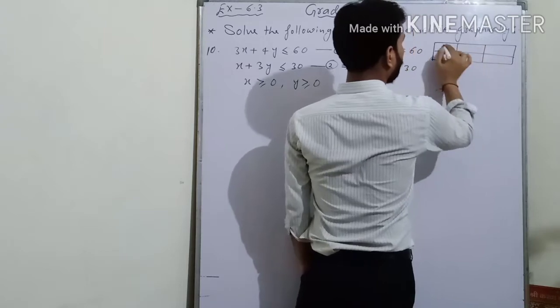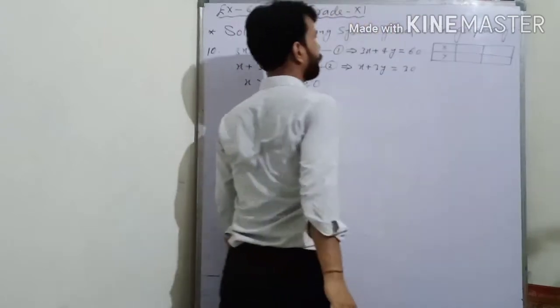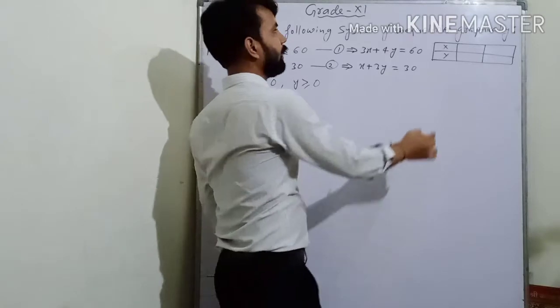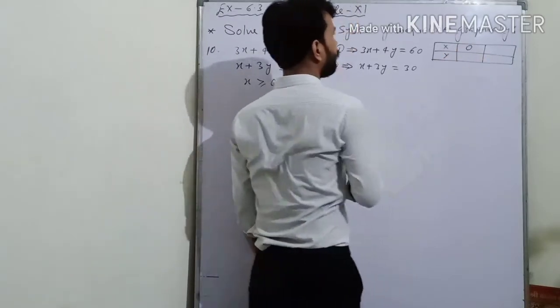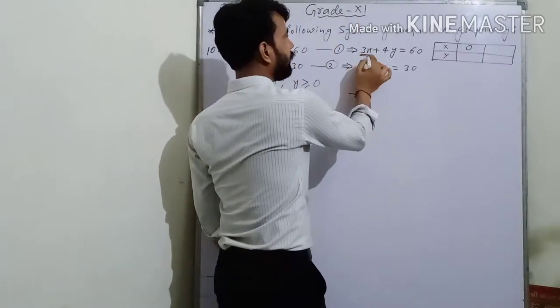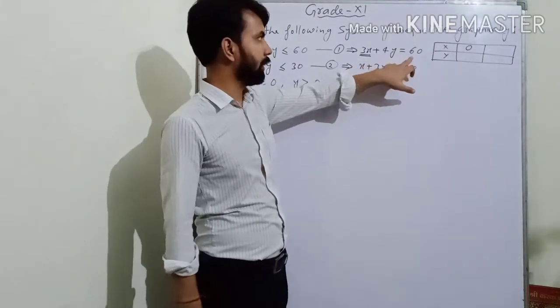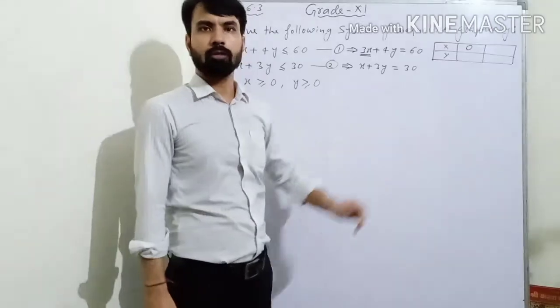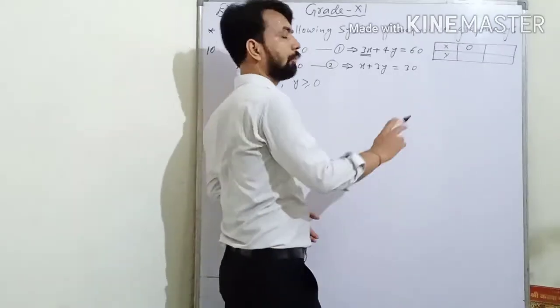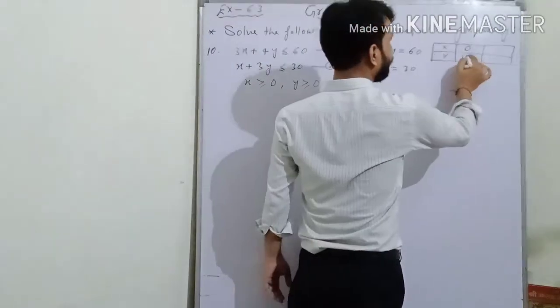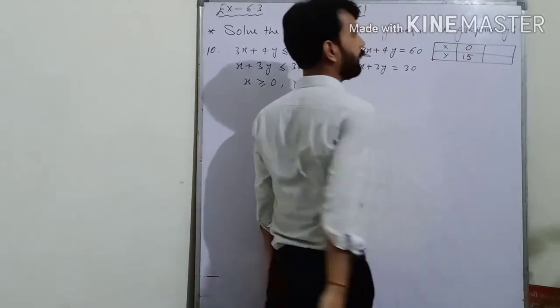We will have to find 2 points, x and y. So beta, if I am taking x equal to 0, then this whole value will be 0, and we will get 4y equal to 60. That means y equals 60 upon 4. 60 upon 4, 15 fours are 60. Then we will get y equals 15.